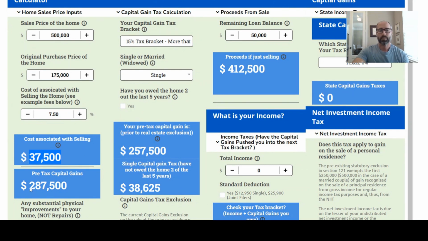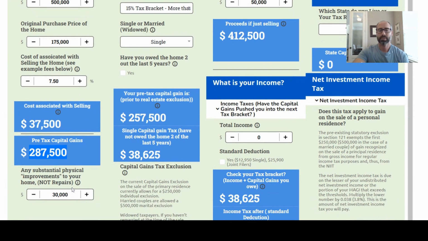Next is our pre-capital gains tax figure, before any improvements, because we do get to remove any improvements that we've made to the home. These are improvements, not repairs, not something broken that you fixed, but money you actually put into the home. You put a new roof on, you added a studio apartment in the back, or you added a garage.